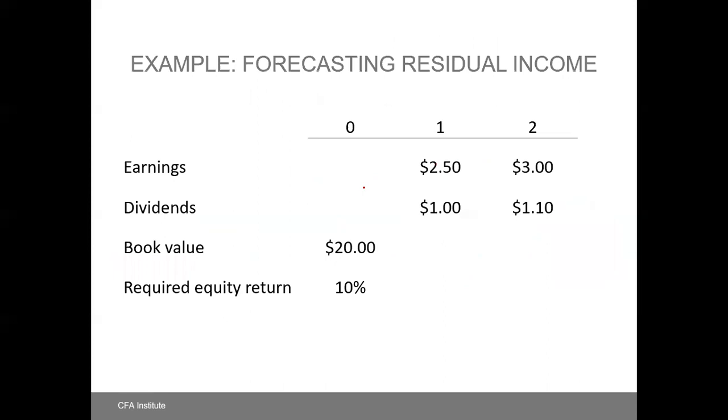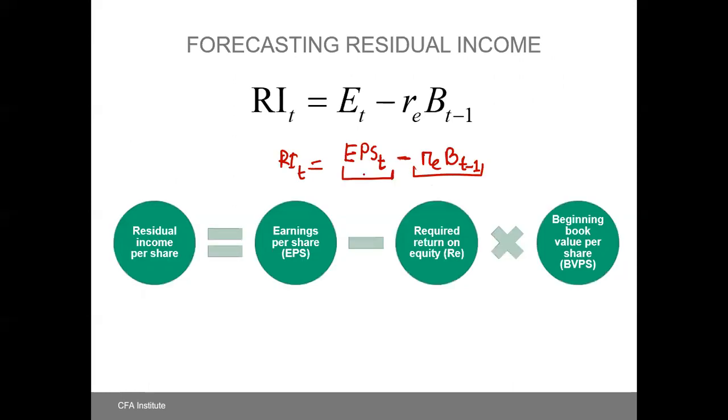So let's try to apply it. Why the beginning value? Because EPS is the number you are getting in this period, at the end of the period. So you want to compensate the equity holders for the capital they provided you initially.